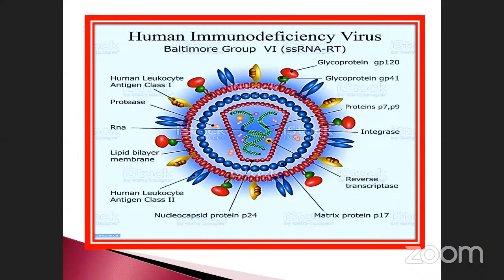They depend upon the nucleotide and amino acid sequence. Here you see glycoprotein 120 and another glycoprotein, number 41. The difference between these two is their amino acid sequence, so the structure will be different.